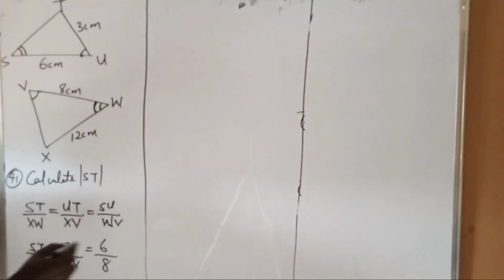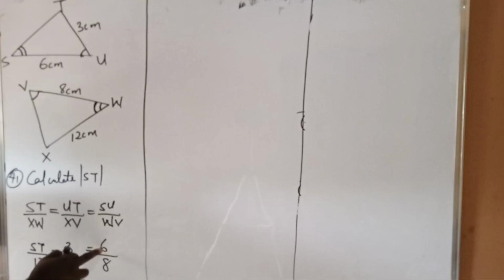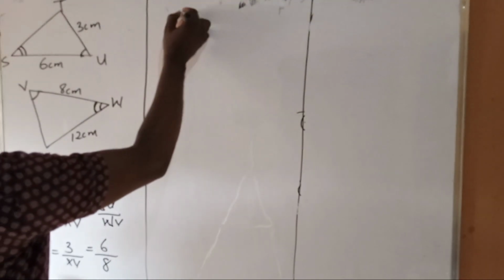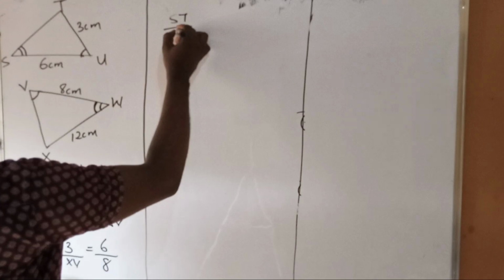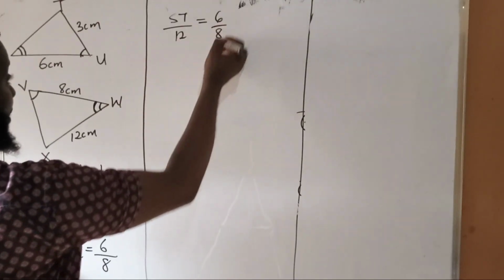Now, the first fraction is incomplete. We know one of the two. We don't know the numerator here, and we don't know the denominator here, while here they are complete. So we combine this and this. That means we have ST divided by 12 equals 6 divided by 8.